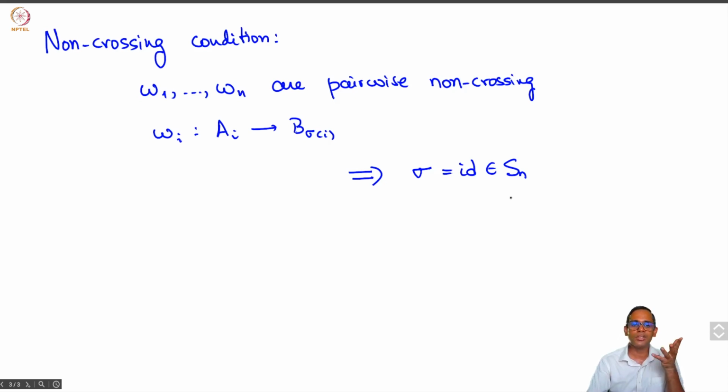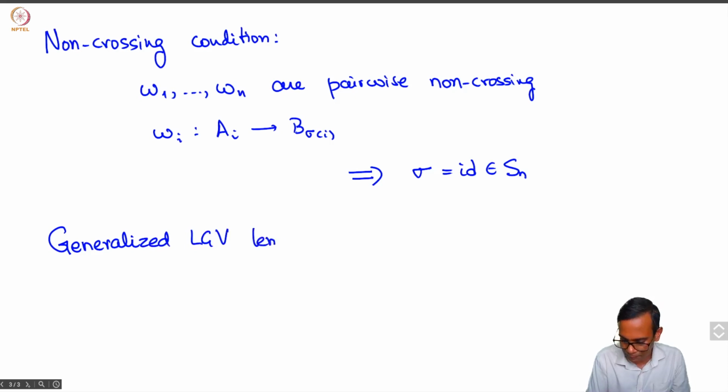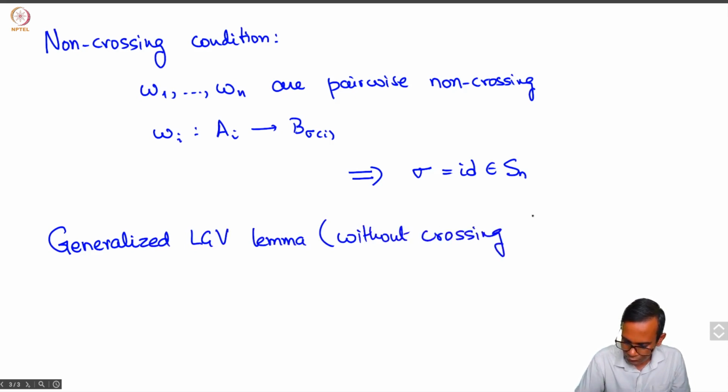So we can also formulate a slightly more general version of the LGV lemma without the crossing condition. I'll call it the generalized LGV lemma. Sometimes this is referred to as the LGV lemma without the crossing condition.